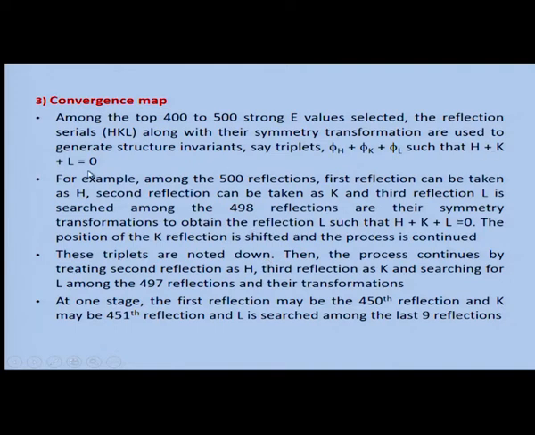The chances of finding a reflection to obey this will be less. So, what I want to say is, in the beginning we have more triplets when H is at the top, and as we go down the list, the number of possible triplets will be less. That is why it is known as convergent. It goes like convergence, larger area, lesser area.